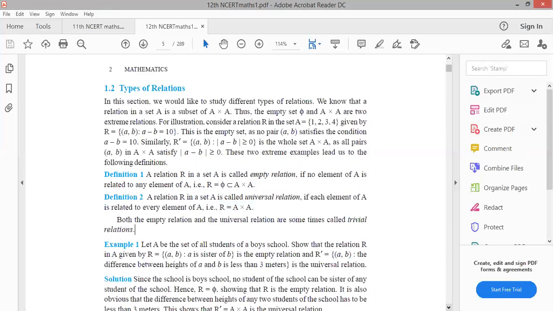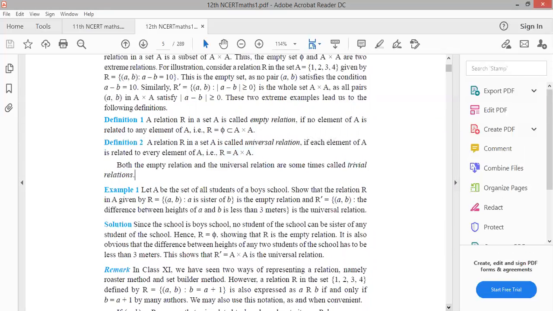Now let's illustrate this with the help of an example in order to make it clear. For example, we have a boys' school, and in the boys' school, let's define a relationship among the students as A is sister of B. So we take two students and say A is sister of B. But the relation is defined among the boys of a school.